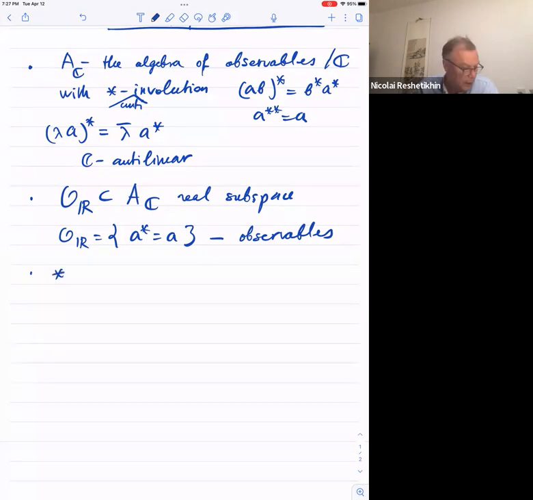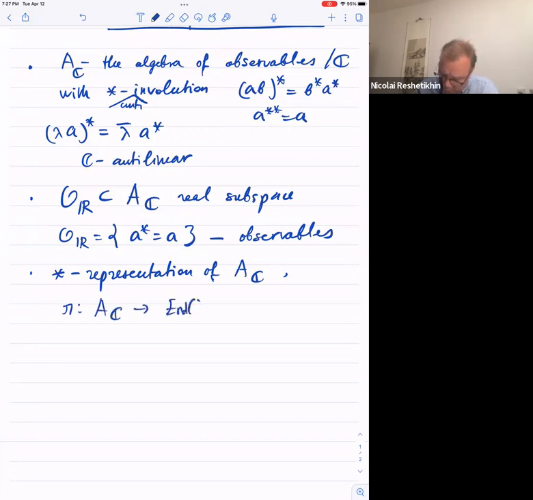Okay, so then the other important thing is a star representation of AC, which means that it's an algebra homomorphism from A to endomorphisms of some Hermitian space.